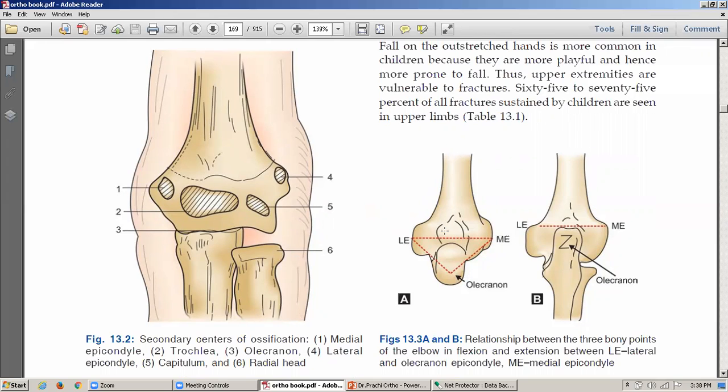And this is a diagram of the relationship between the three bony points of the elbow in flexion and extension, between the lateral epicondyle, the olecranon and the medial epicondyle. So this is a triangle formed by three bony points: lateral epicondyle, medial epicondyle, and the olecranon.